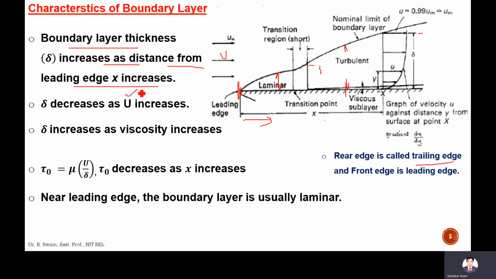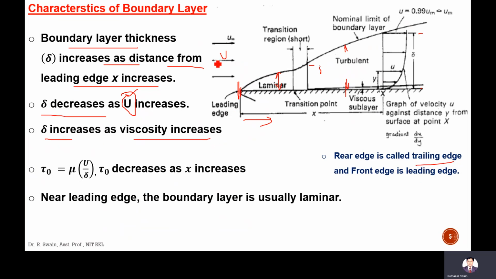But if the velocity u increases, then the impact of the viscous force will reduce. If the velocity is very high, the impact of this viscosity reduces, so the delta value gradually decreases as u increases. But if delta increases, viscosity increases.